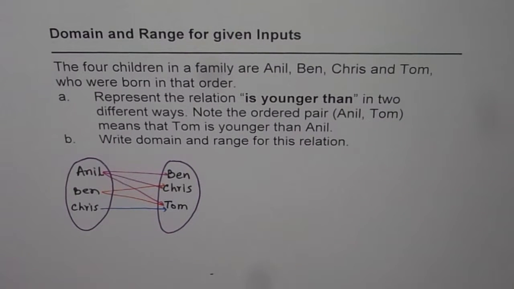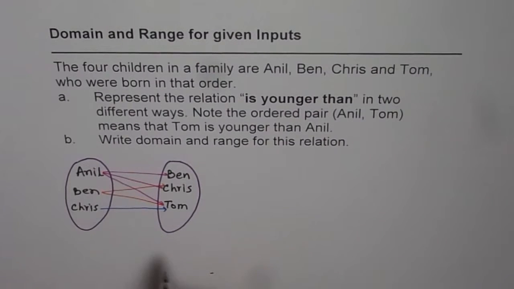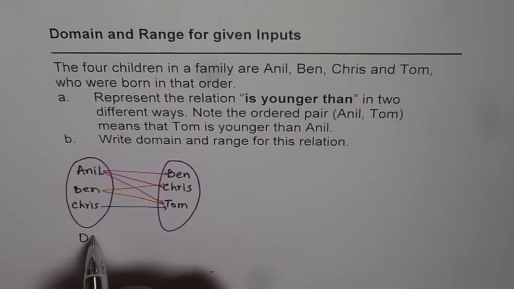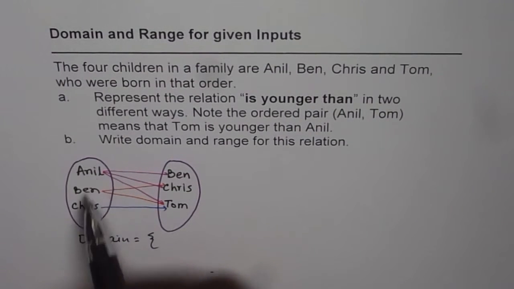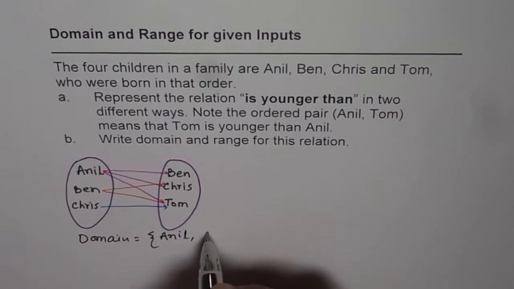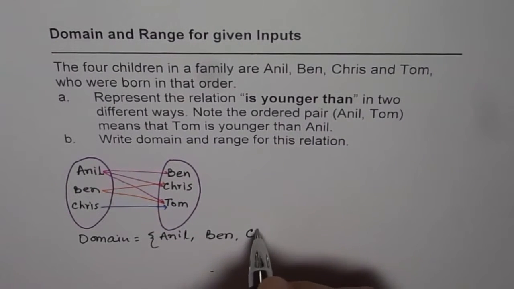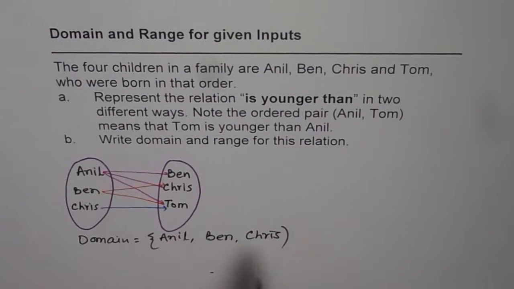Okay. Now here, in this relation, what is the domain and what is the range? So I'm answering part B, and I'll list the ordered pairs soon. Now the domain is the first set, which includes Anil, Ben, and Chris. How about range? Range will include the second set, right?